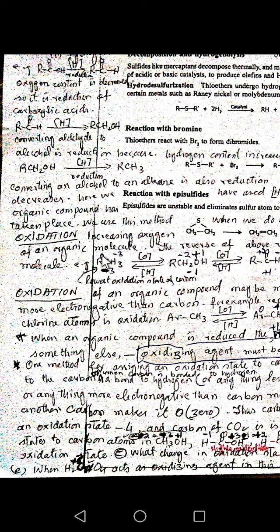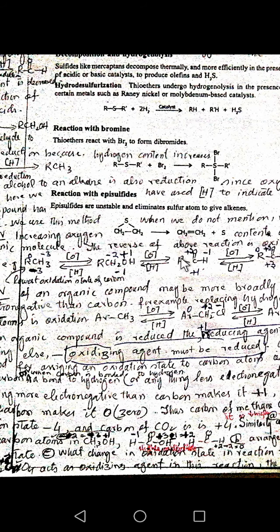Here alkane is present. On oxidation it is changed into primary alcohol. Primary alcohol on oxidation will be changed into aldehyde. Aldehyde on oxidation will change into carboxylic acids.